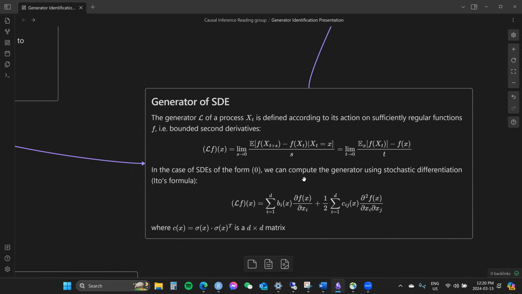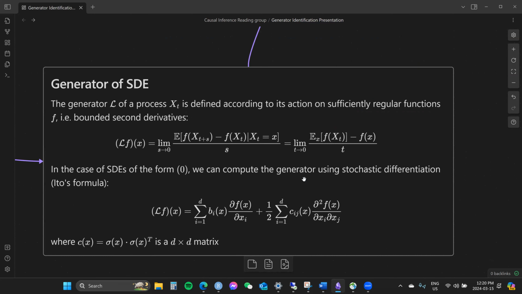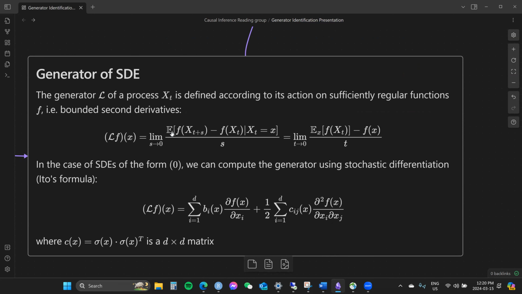The generator explicitly defined is like this. So it acts on functions. So it's a functional. And specifically, you have to have somewhat regular functions that have, I think, bounded second derivatives. So you can see it's a sort of derivative of the process itself.